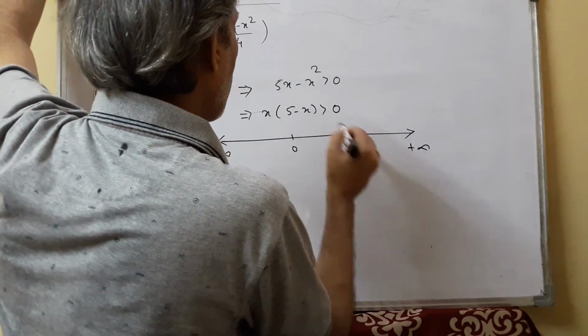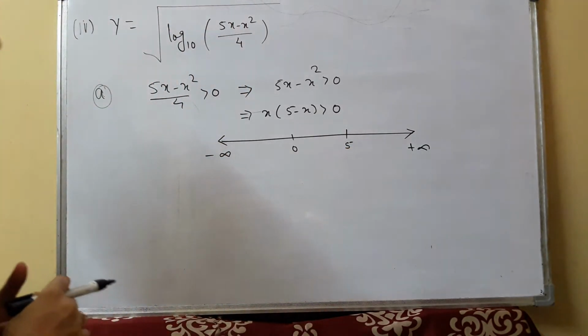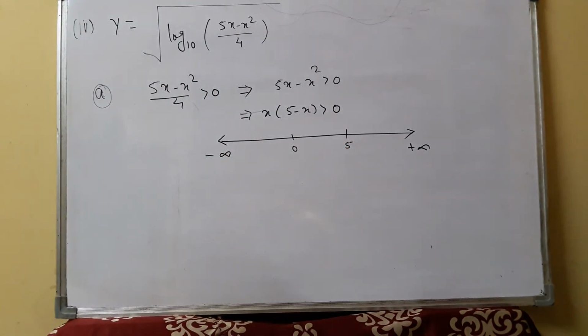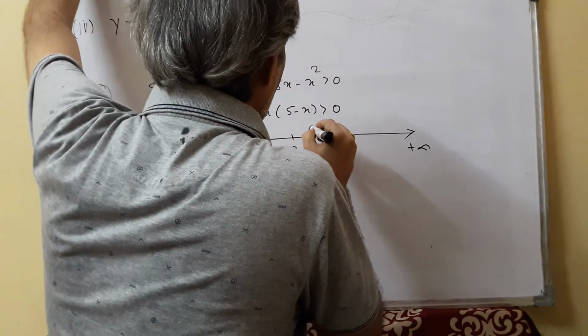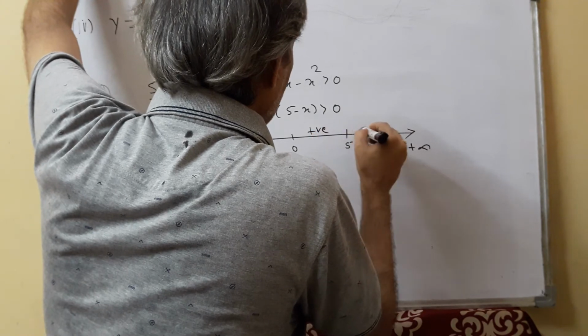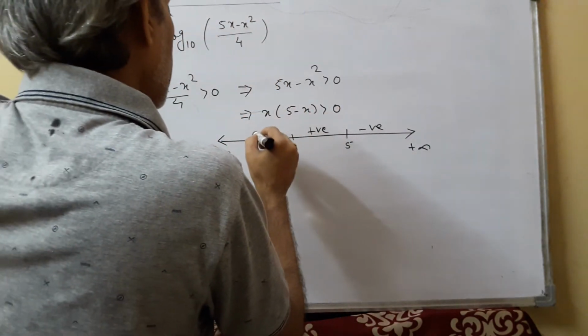We are getting two values of x, 0 and 5. You can very well check where it is positive and where it is negative. So here it will be positive, and in the subsequent interval it will be opposite sign, so negative.